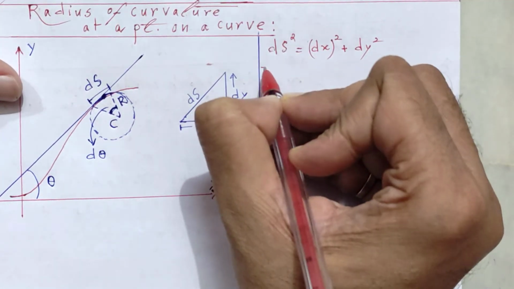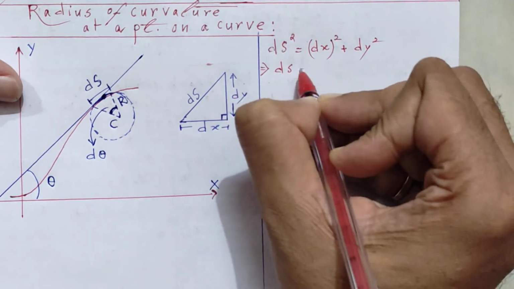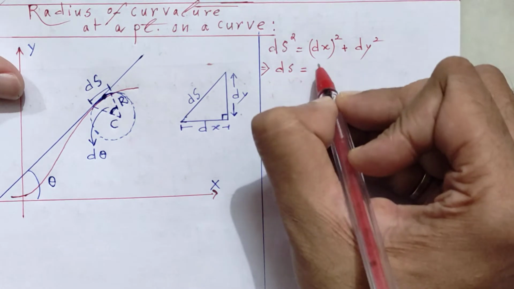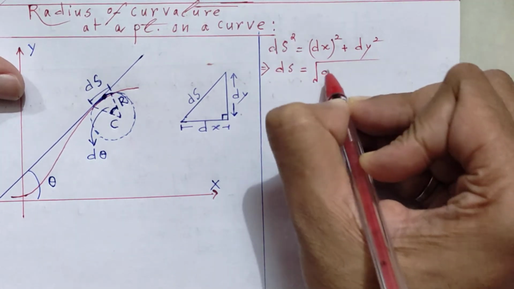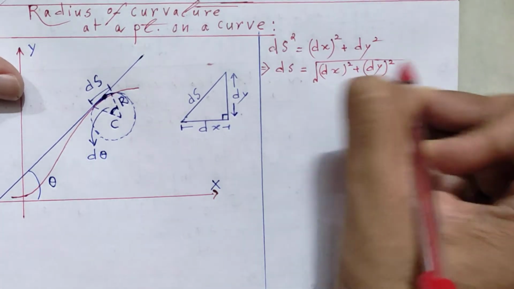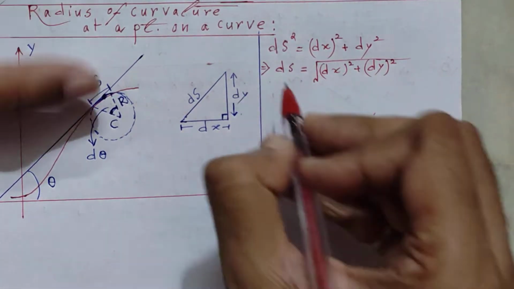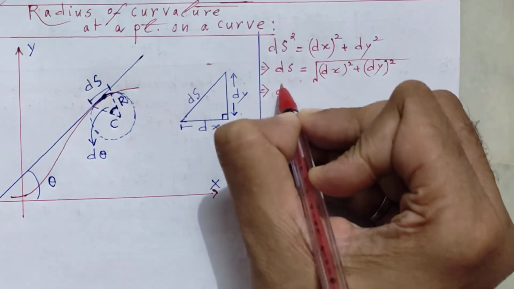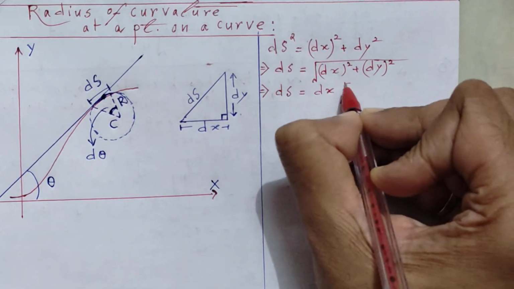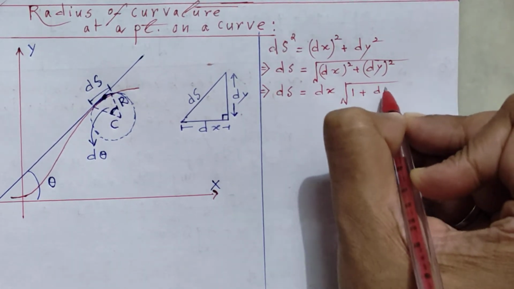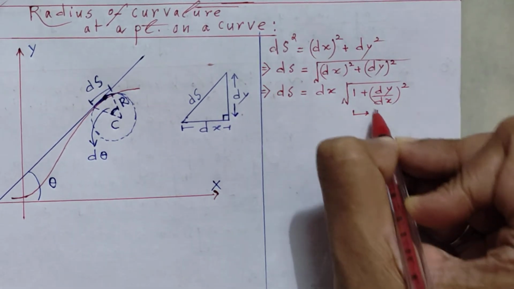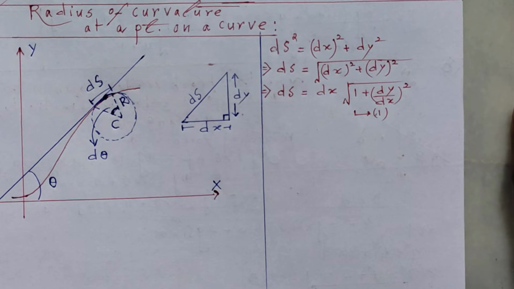So very clearly ds is equal to under root of dx whole square plus dy whole square. If I take dx square common and bring it outside, ds is equal to dx times under root 1 plus (dy/dx) whole square. So I got an expression for ds.